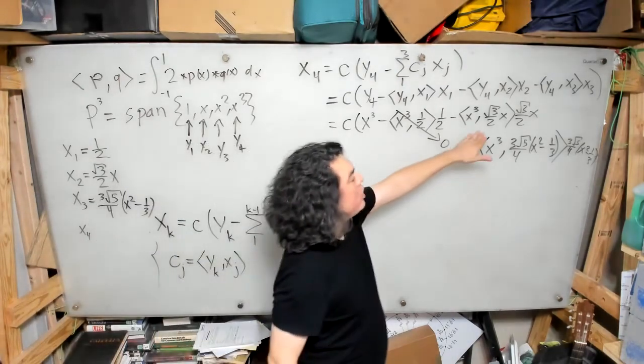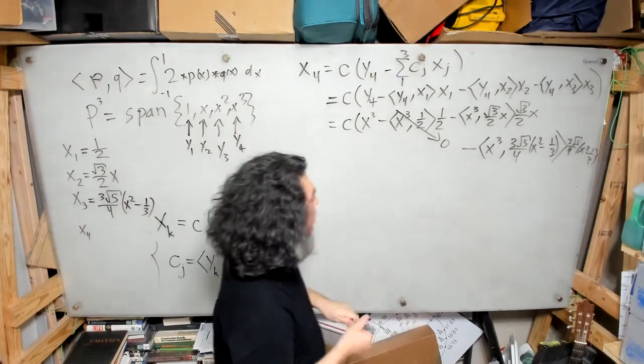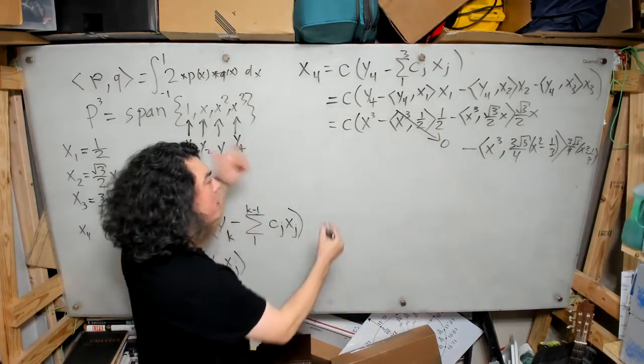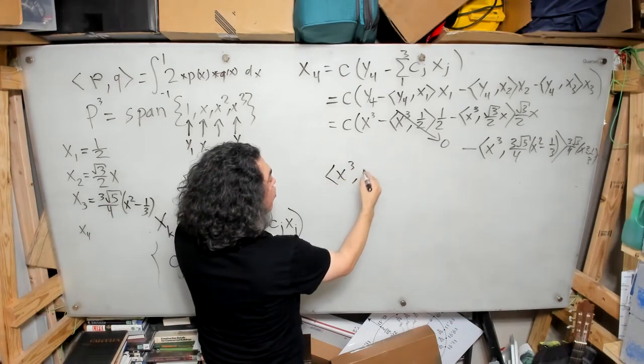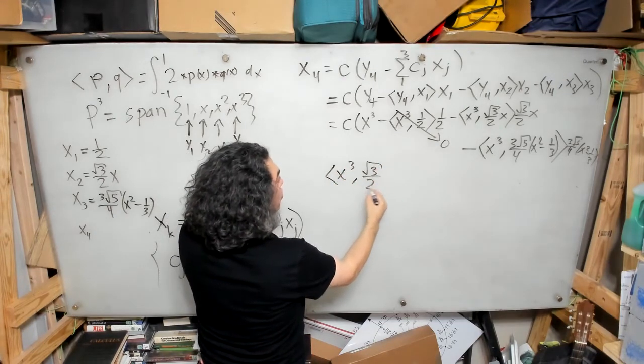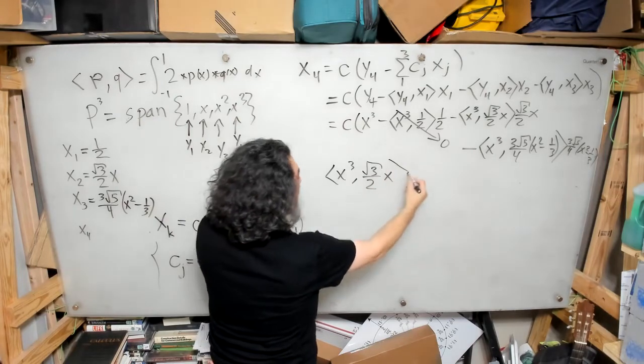Now we need to figure out what the contribution of this term is. Let's do that together here. What is the inner product of x cubed with the square root of 3 over 2 x? That's what we need to know.